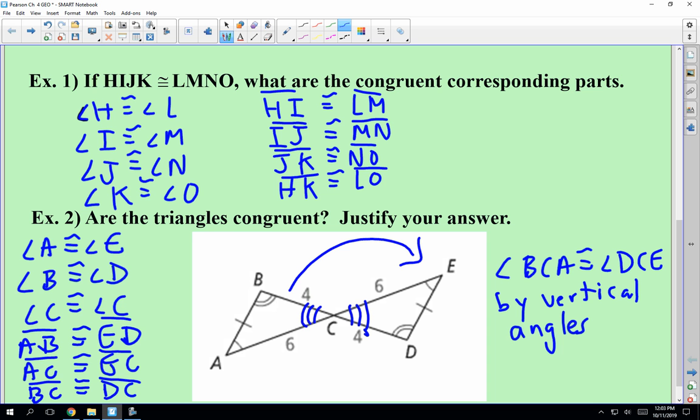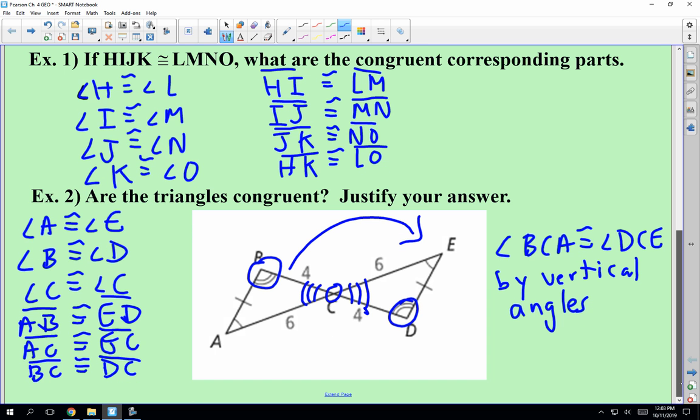So BC, I'm starting at the double arc here, going to C, and then starting at the double arc here and going towards C. So BC is congruent to DC. And AC is congruent to EC. So the 2 triangles are congruent. All of their corresponding parts are congruent.